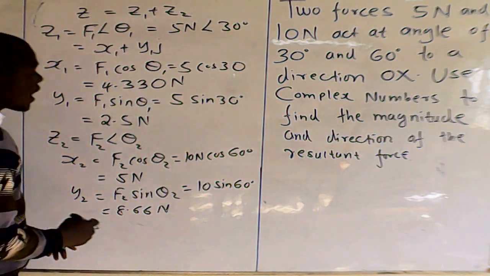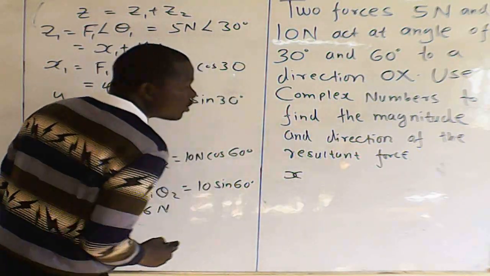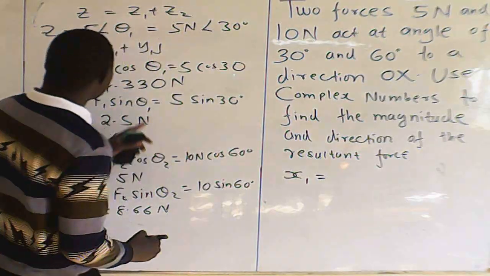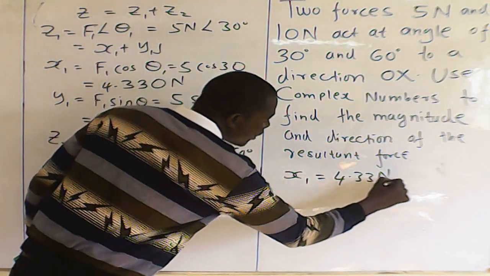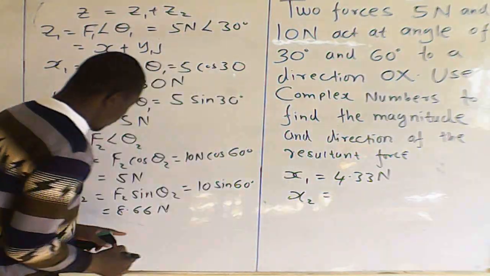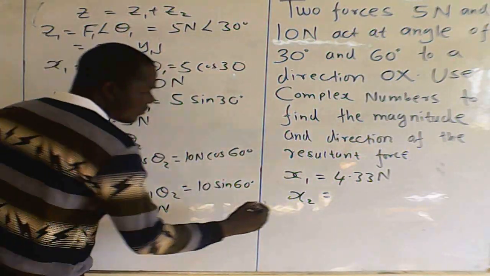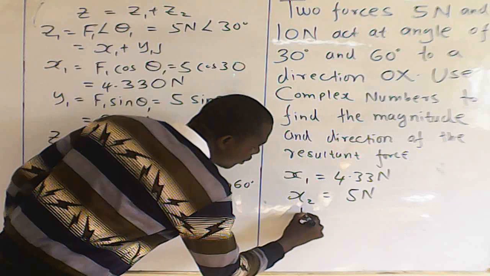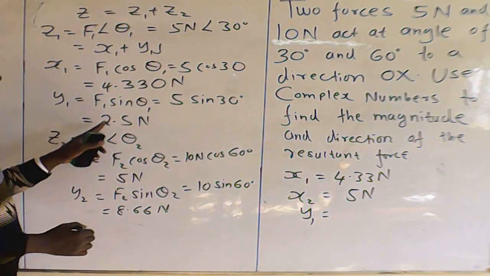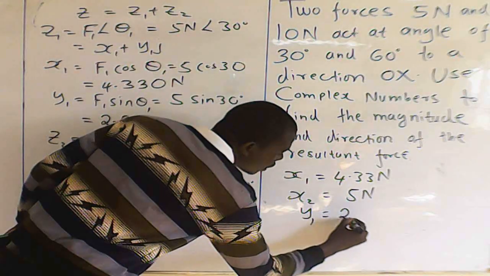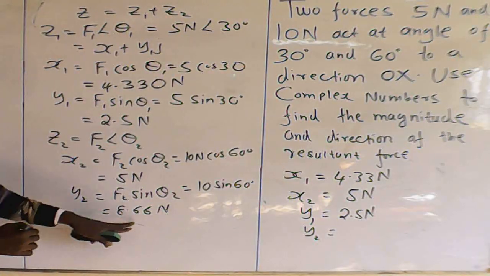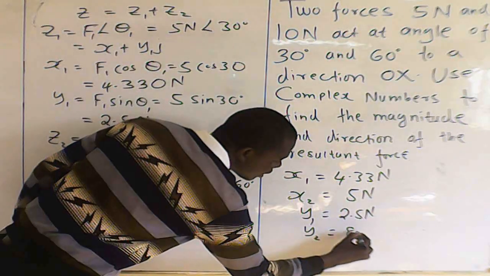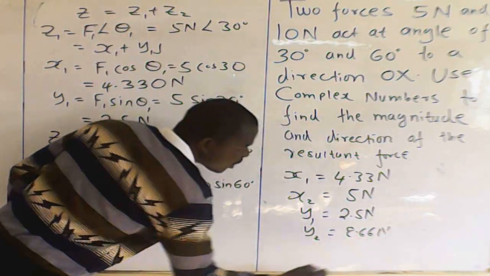So you see, we found all the x components of the forces and all the y components of the given forces. We found X1 to be 4.33 Newton. We found X2 to be 5 Newton. We found Y1 to be 2.5 Newton, and we found Y2 to be 8.66 Newton, isn't it?